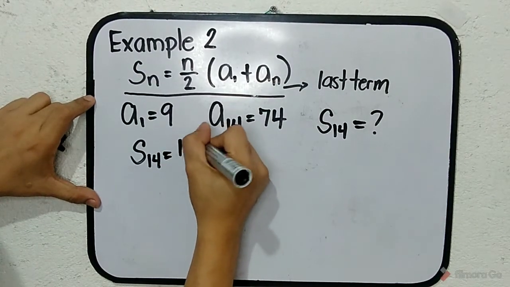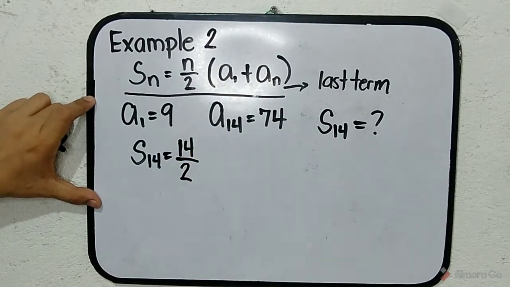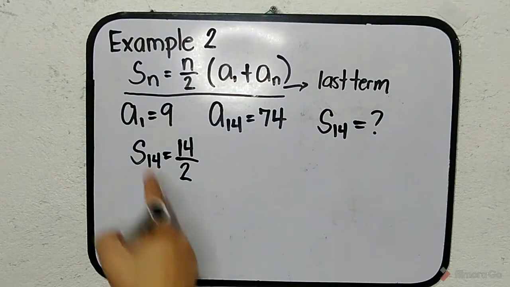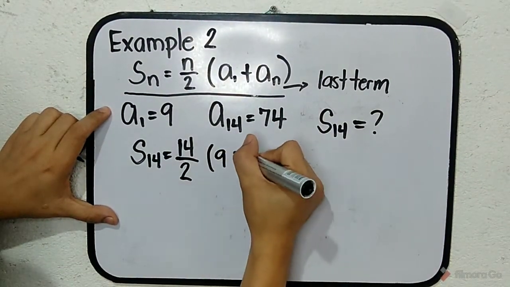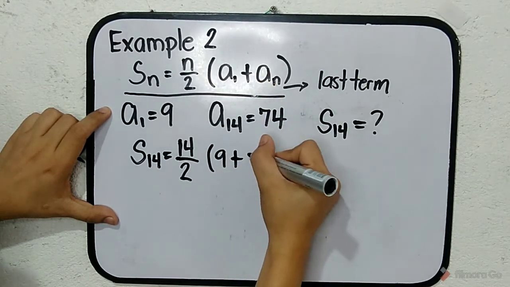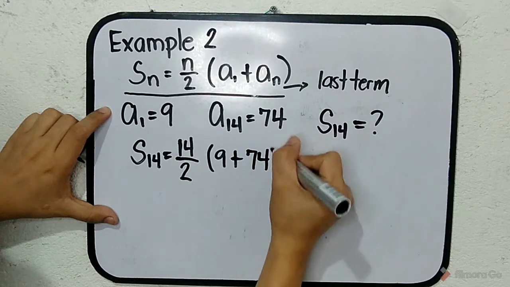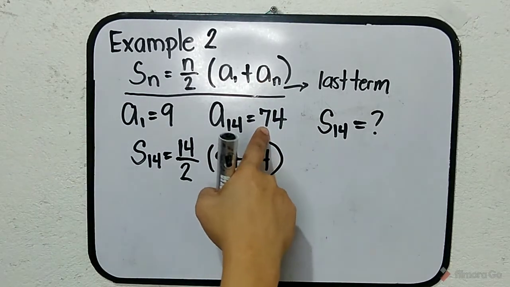So, 14 over 2. Next, our a sub 1 ay 9 plus a sub n, 74. Once again, yung a sub n natin, yung ating last term, huwag kakalimutan class.